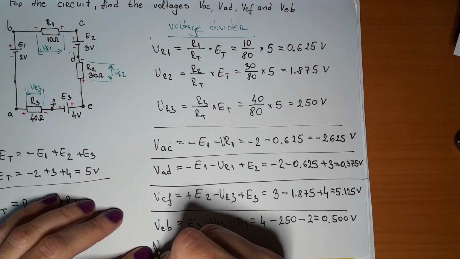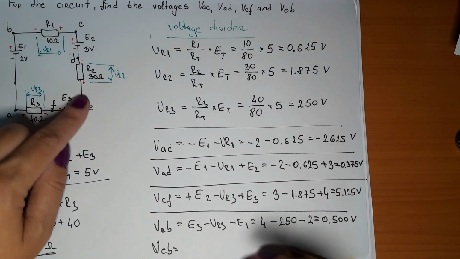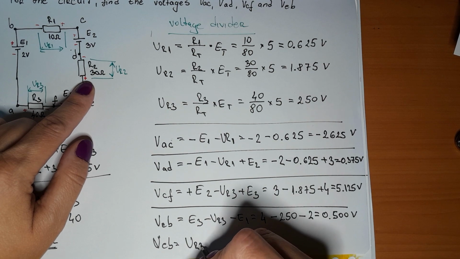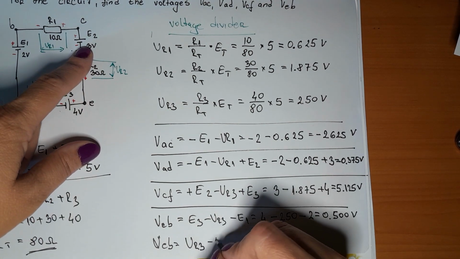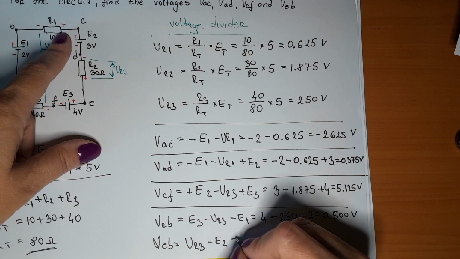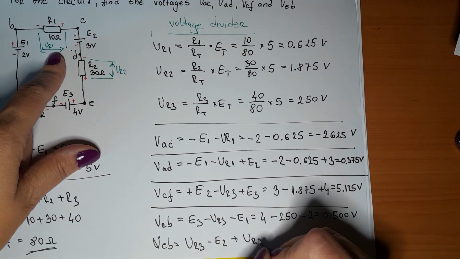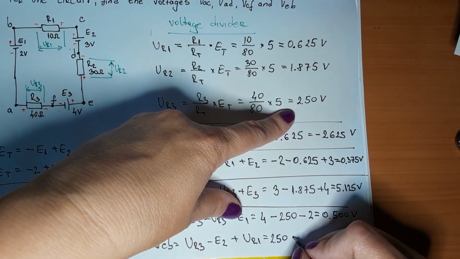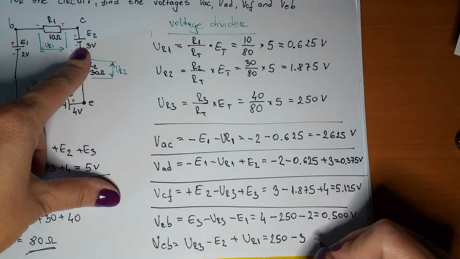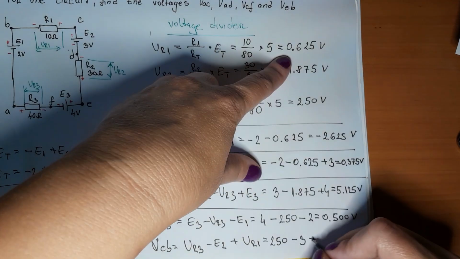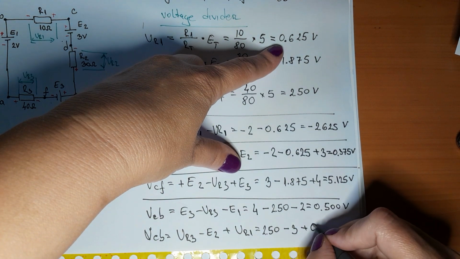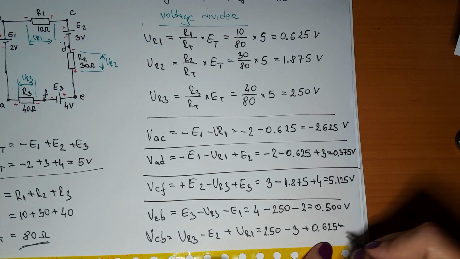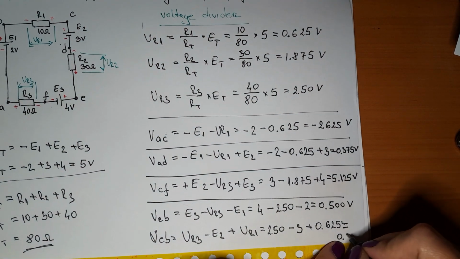So VAB is equal, so let's say here is a plus, so VR3 minus E2 plus VR1, so we have 2.50 minus 3 and plus 0.625, it will be 0.500.